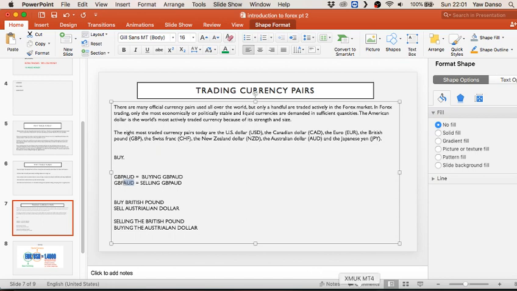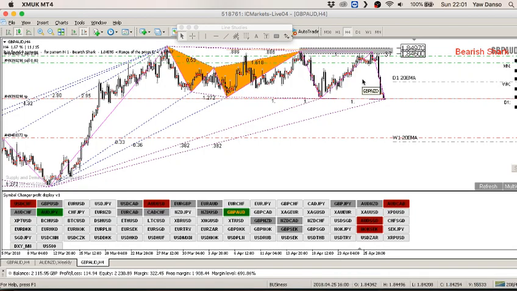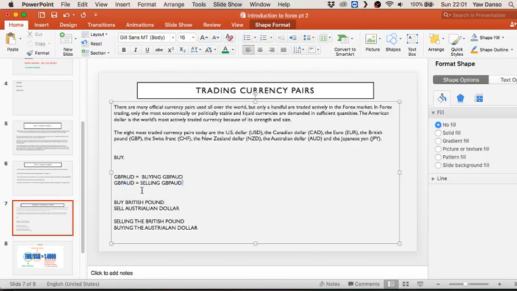So if I go back on my chart, what I did, I sold the British pound and bought the Australian dollar. So this is what I did.